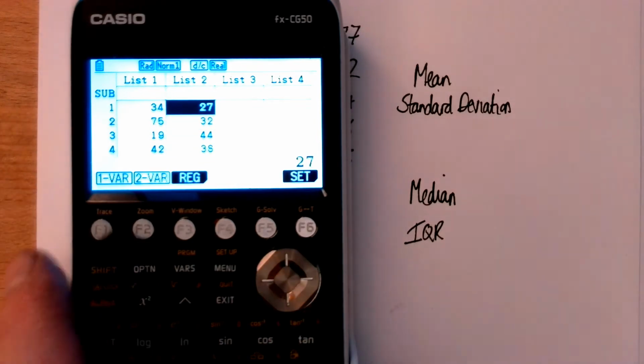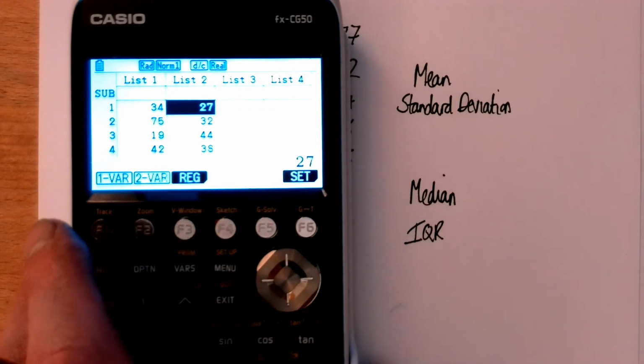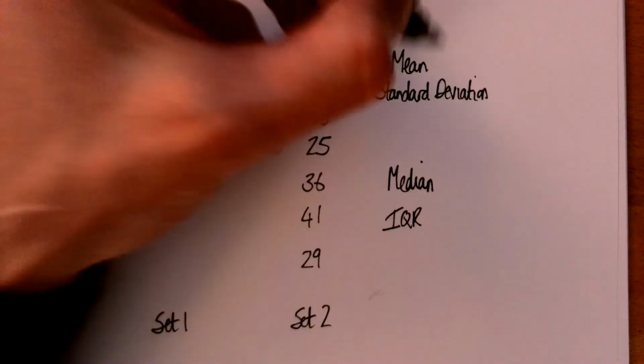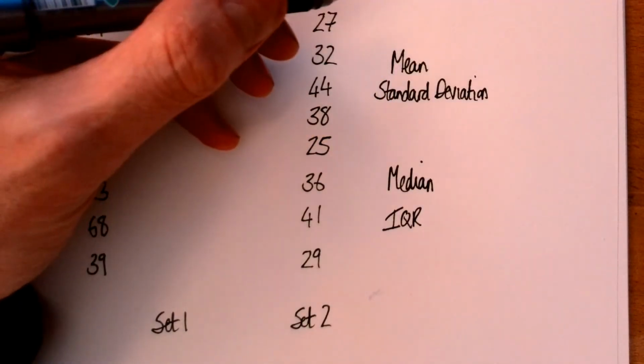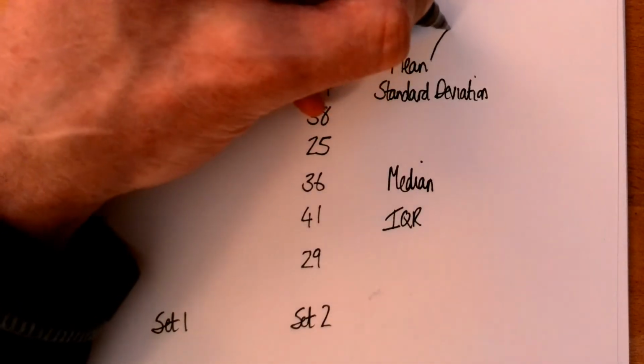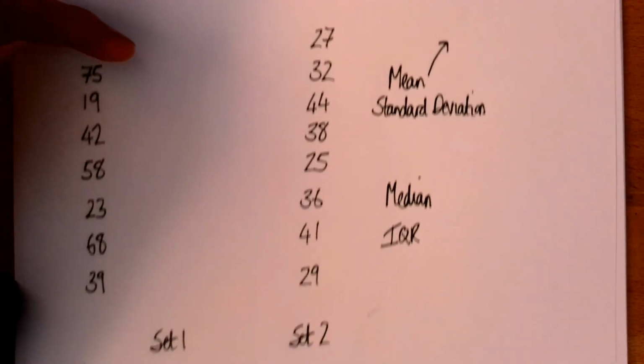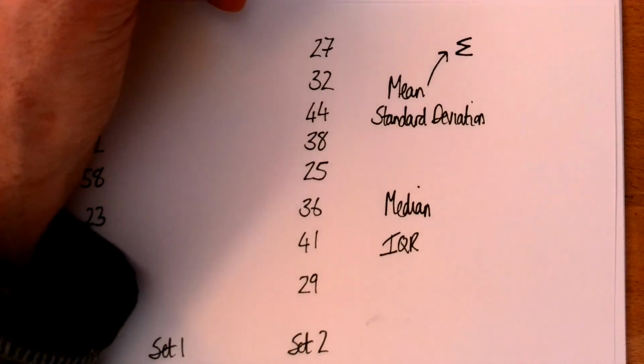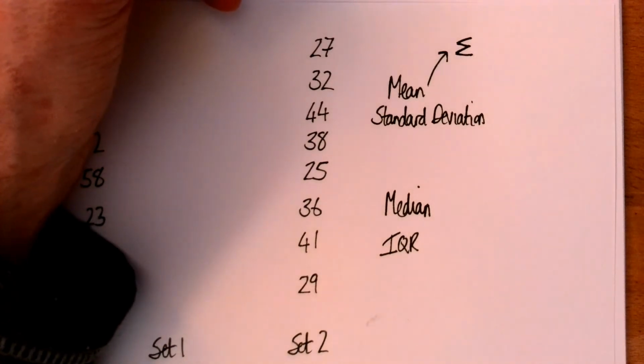Before we use the calculator to do the calculations, just a little bit of notation. To work out the mean, you add up all the data and divide by how many values. Adding up all the data, we use this notation. That's a Greek letter capital sigma to mean the sum of.